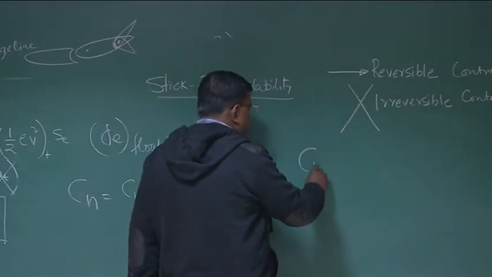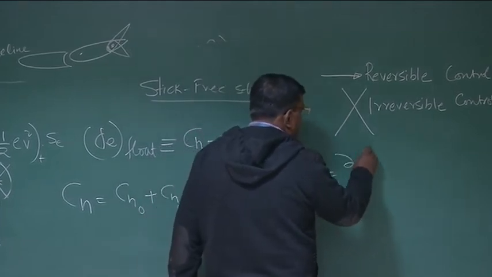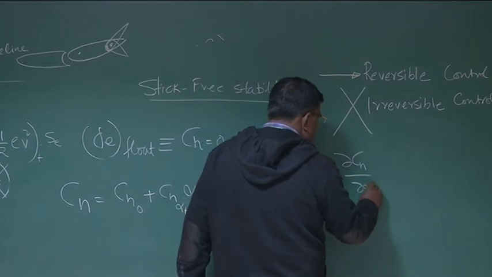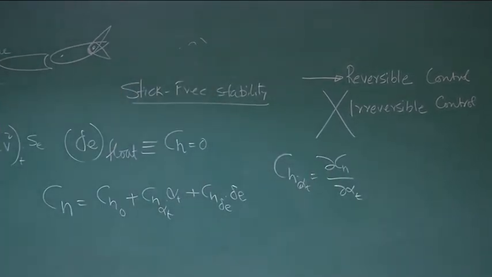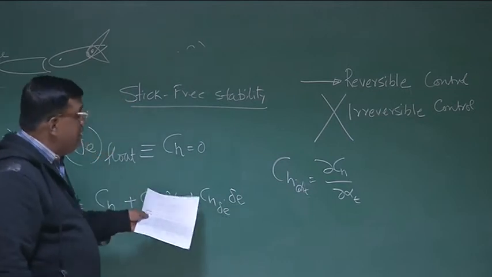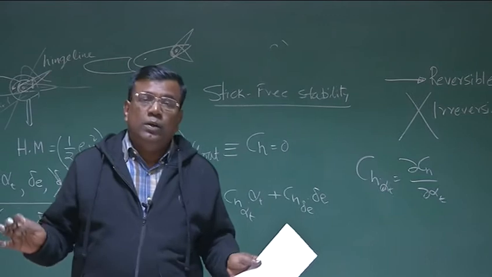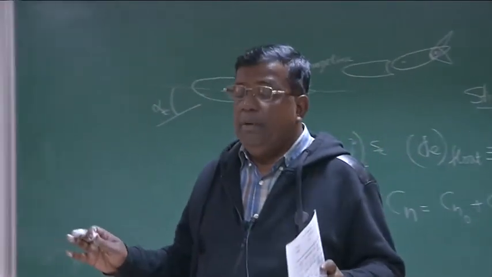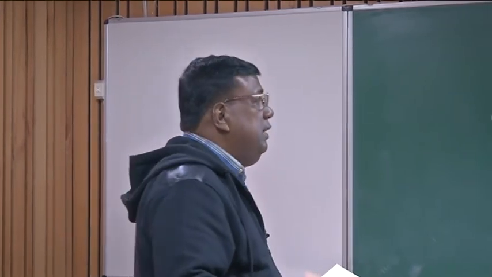Please understand this concept once and for all. CH alpha t is nothing but delta CH by delta alpha t. That means it is a change in hinge moment coefficient for a change in alpha t, keeping others constant. So these are partial derivatives. Similarly, CH delta E is delta CH by delta delta E, keeping alpha t constant. So it is typically a partial derivative in concept, and we are using the advantage of the assumption that it is linear.